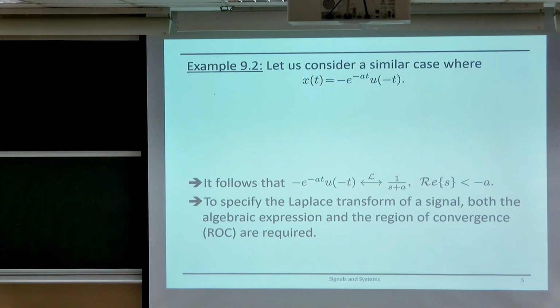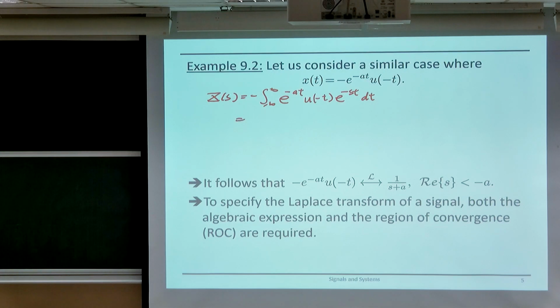Now, let's look at the Laplace transform of this. So this is minus the integral of e to the minus at u of minus t e to the minus st dt.